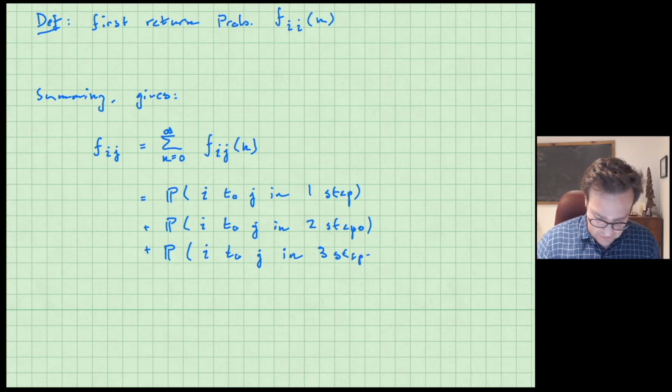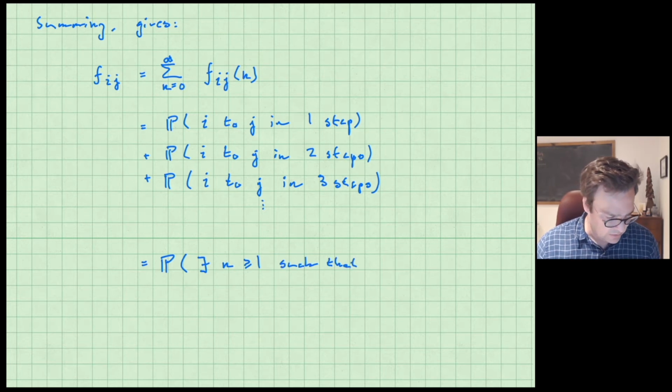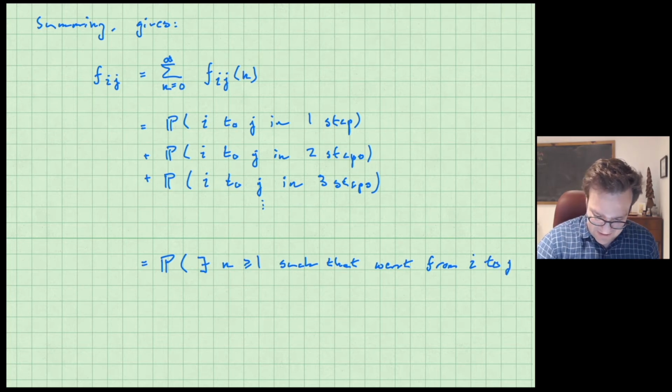And so what this really is, is the probability that there exists some n greater than or equal to 1 such that you went from I to j in n steps.